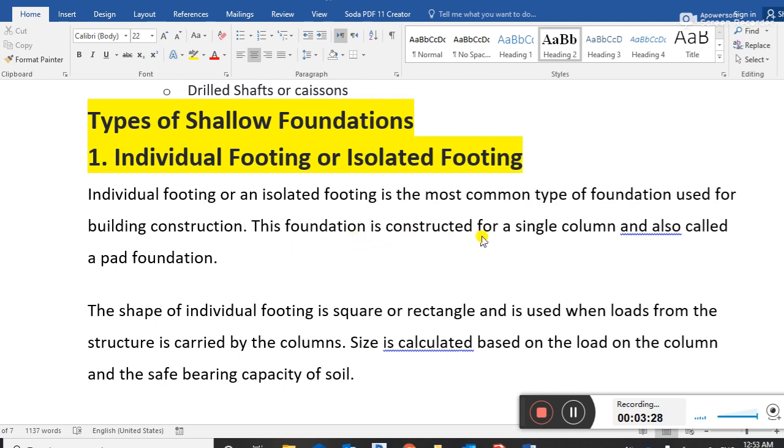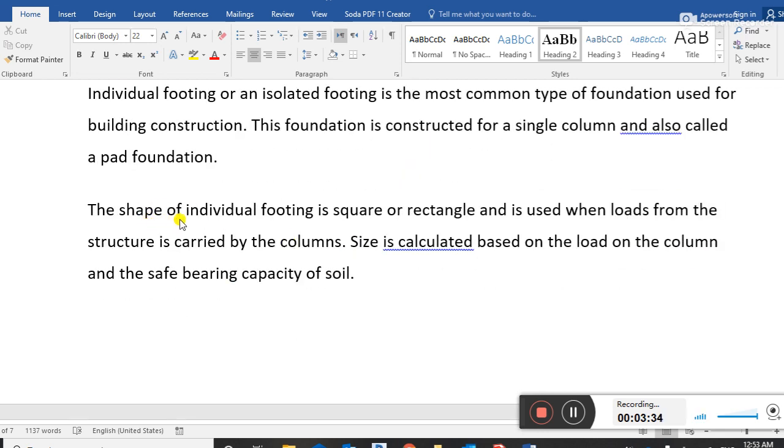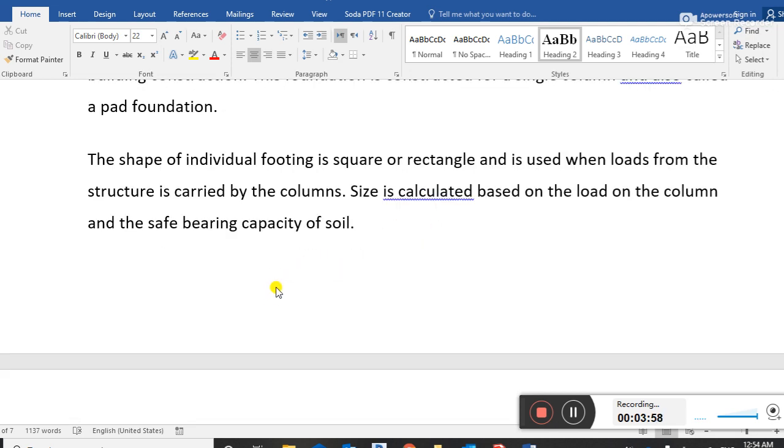This foundation is constructed for a single column and is called a pad foundation. The shape of individual footing is a square or rectangle, and it is used when loads from the structure are carried by the columns. Size is calculated based on the load on the column and the safe bearing capacity of soil.